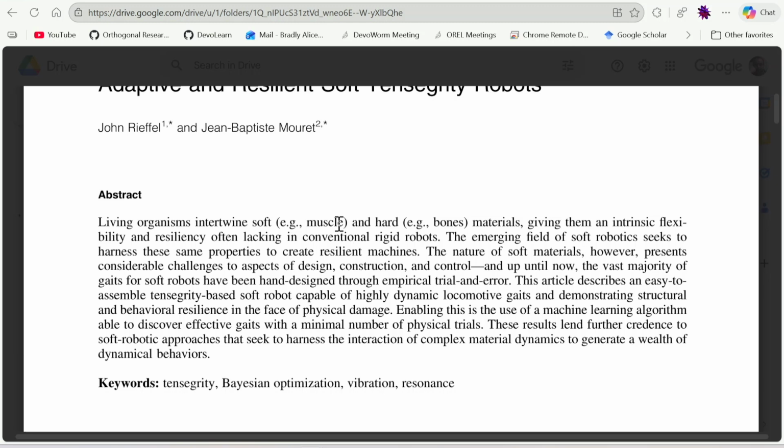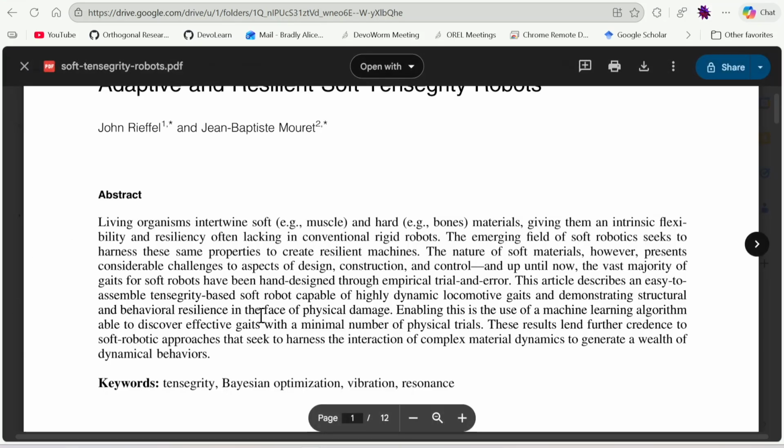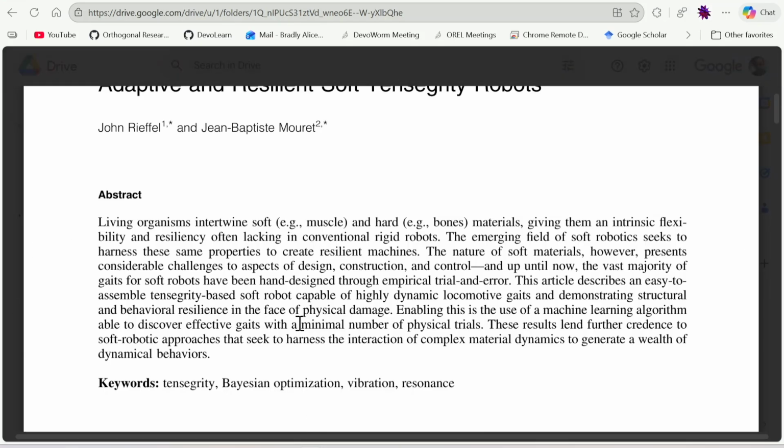This article describes an easy-to-assemble tensegrity-based soft robot capable of highly dynamic locomotive gaits and demonstrating structural and behavioral resilience in the face of physical damage. Enabling this is the use of a machine learning algorithm able to discover effective gaits with a minimal number of physical trials. So they want to be able to get something that can walk quickly.